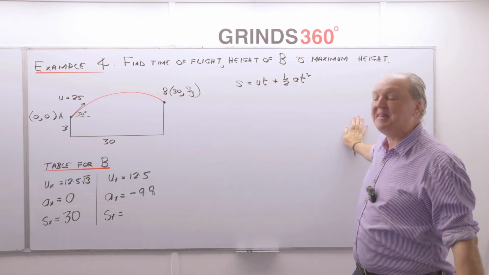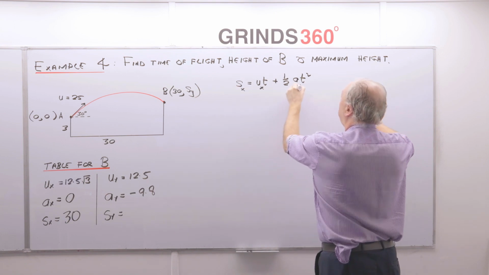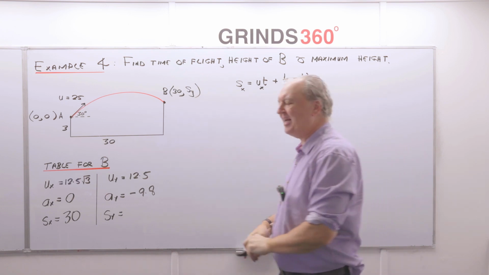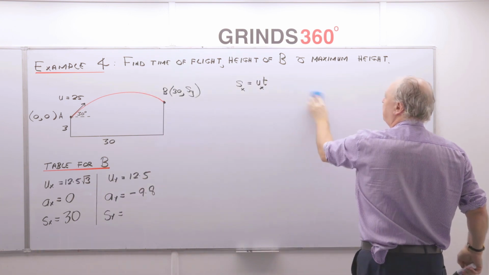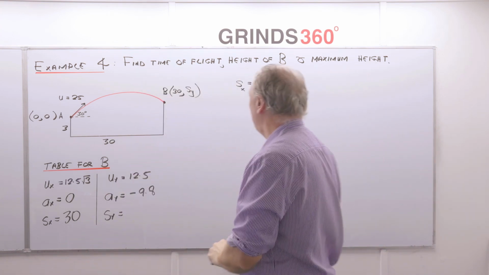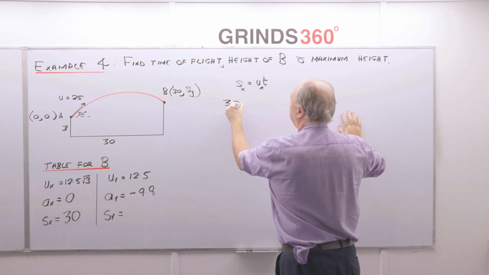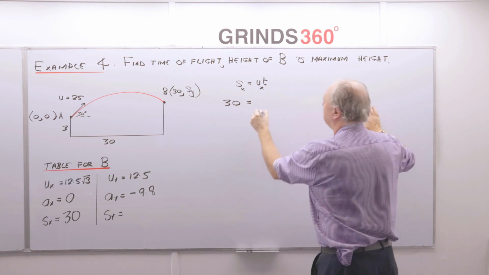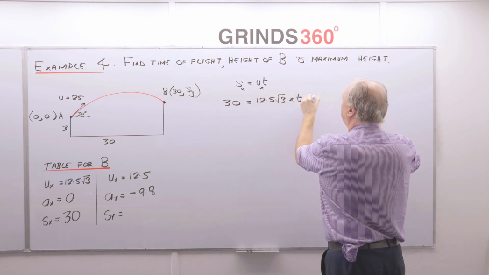I'm going to apply that in the X direction. And of course, you know, don't you, that AX is 0. So that last term disappears, which makes it very handy. So now I've just got SX is equal to UXT. So what's SX? 30 is equal to UX, 12.5 root 3, multiplied by time.